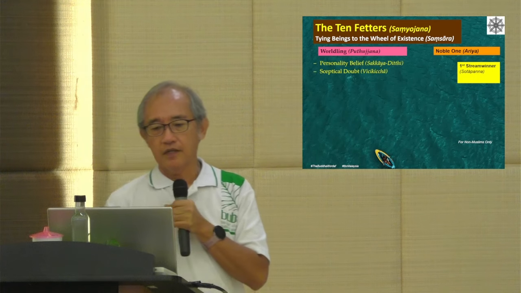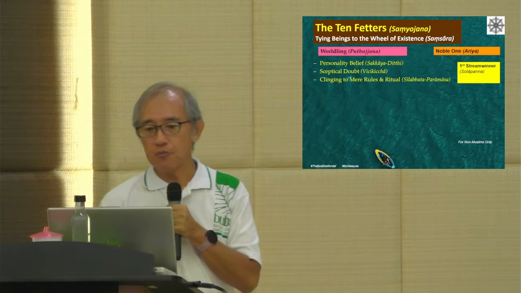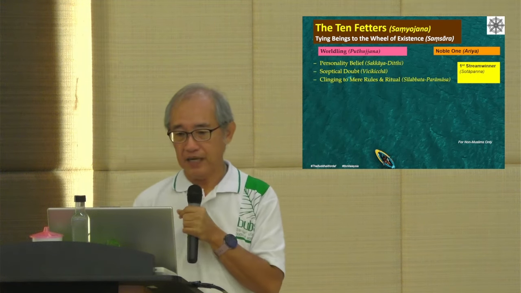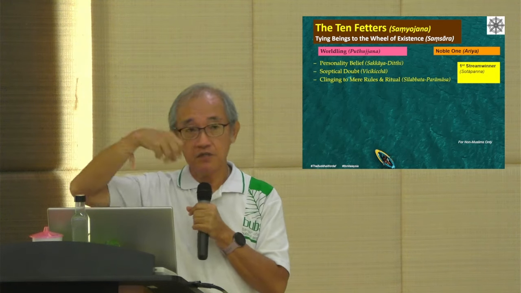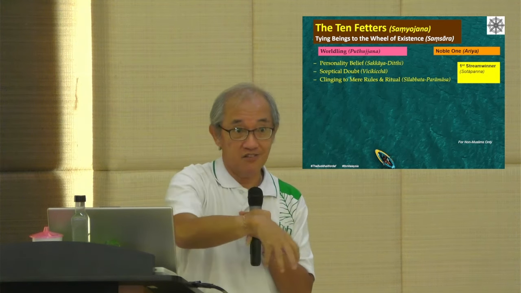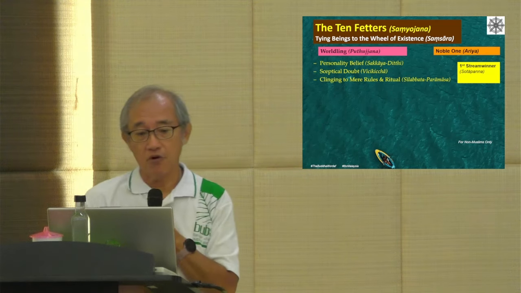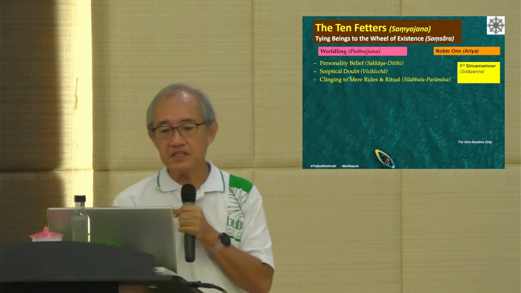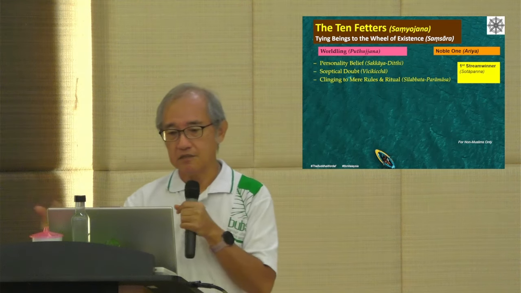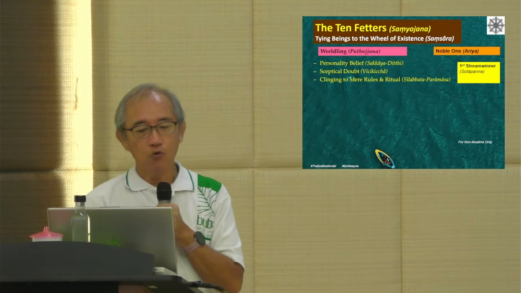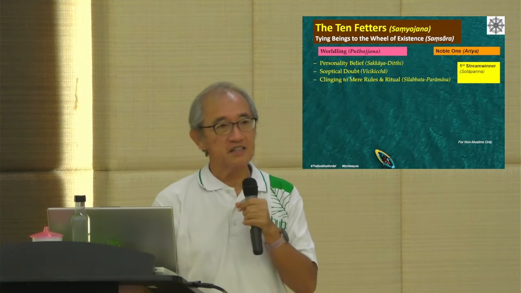Now, Sudatta attained stream winner, or Sotapaddi, or Sotapanna. Out of the ten, he has uprooted three. That means the place cannot grow grass; the fetters cannot come back and disturb him anymore. He has uprooted personality belief, skeptical doubt, which is why he has no more doubt as far as the Buddha is concerned, and clinging to mere rites and rituals.